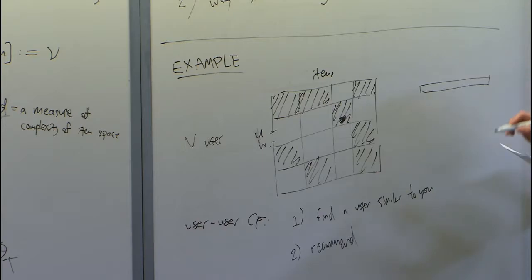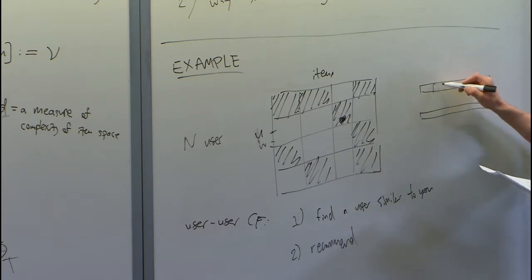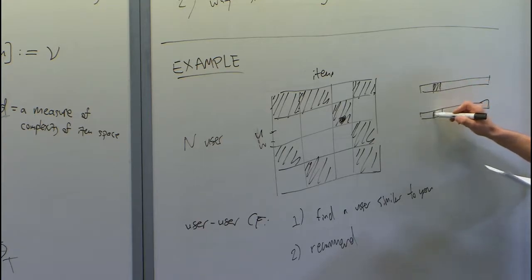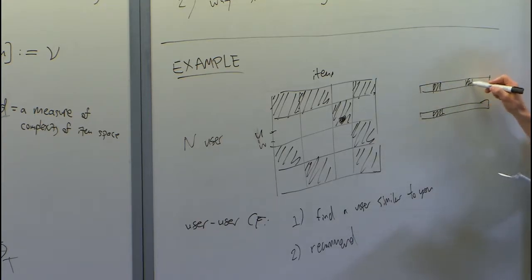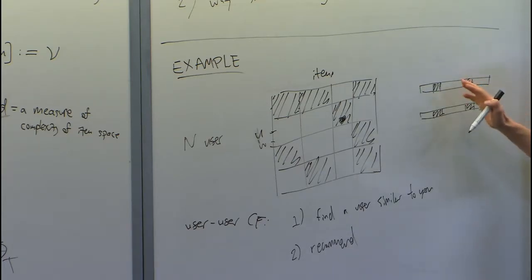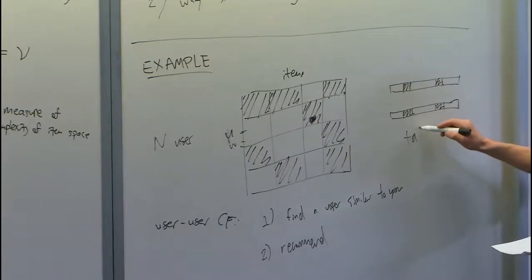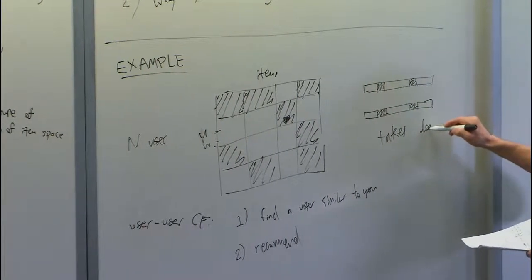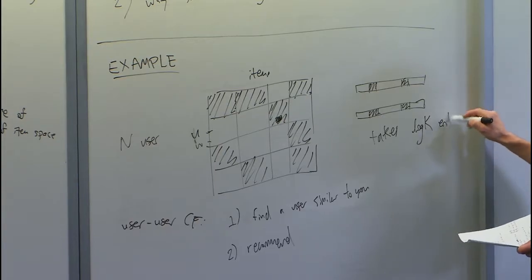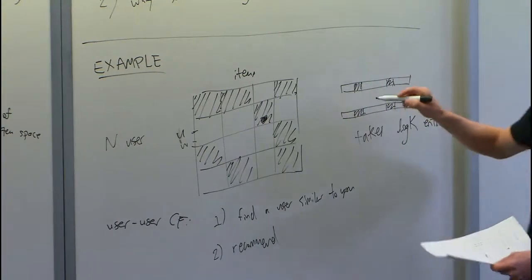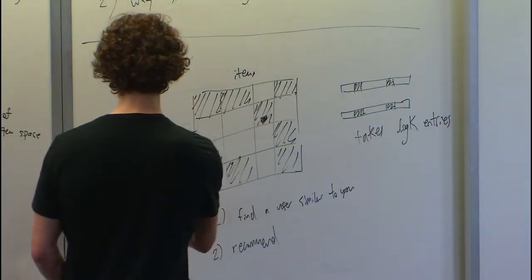Okay, and the basic idea behind finding a user that's similar is you're comparing these two rows. You reveal some of the entries in the two rows, and you decide they're similar if most of the revealed entries are in agreement. And you can convince yourself that under most situations it takes log k entries revealed, where k is the number of blocks.